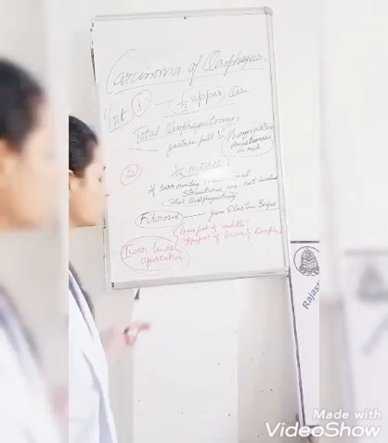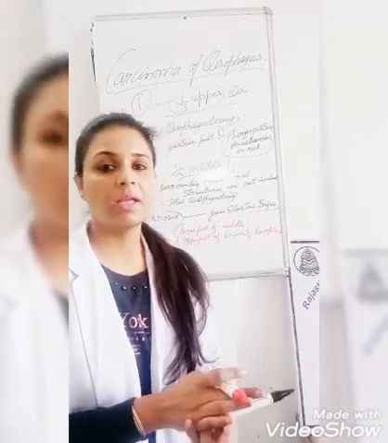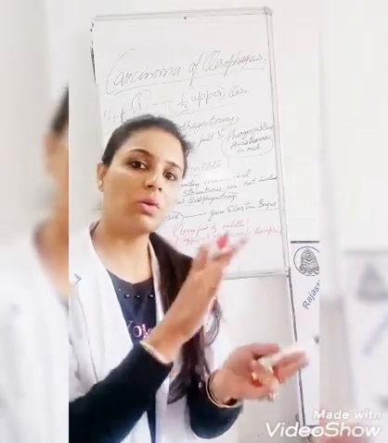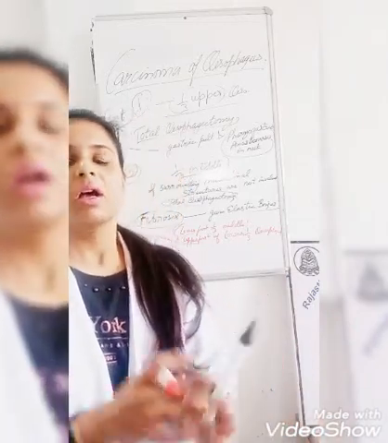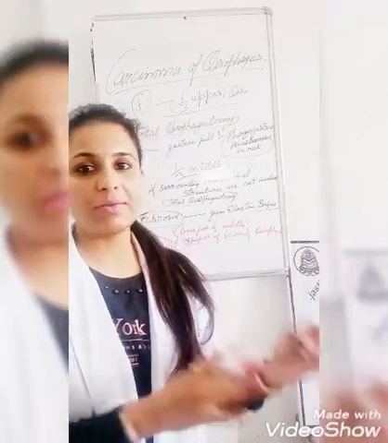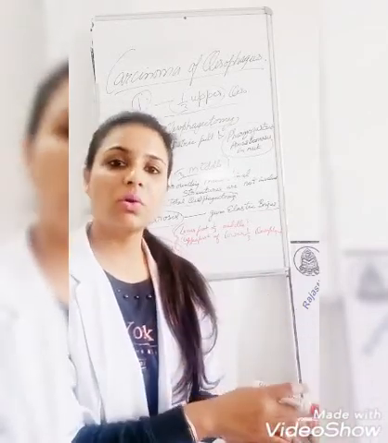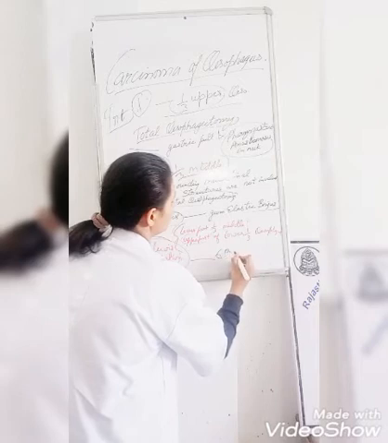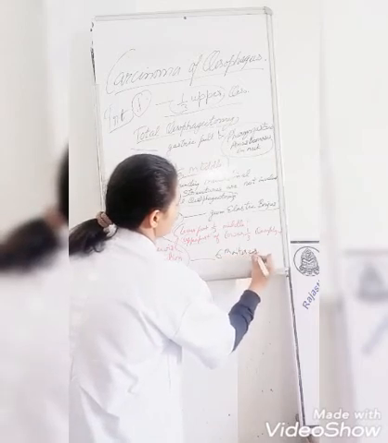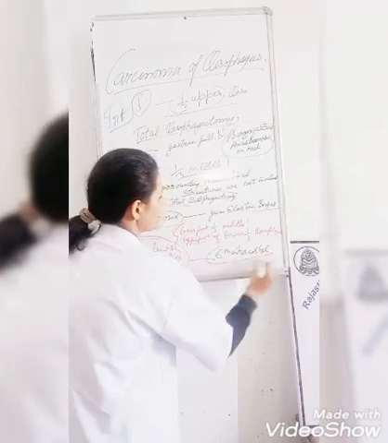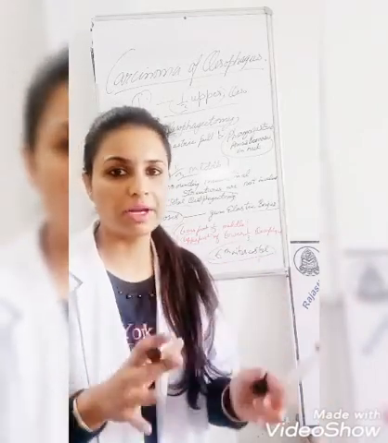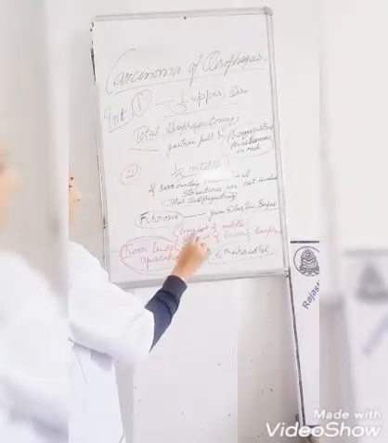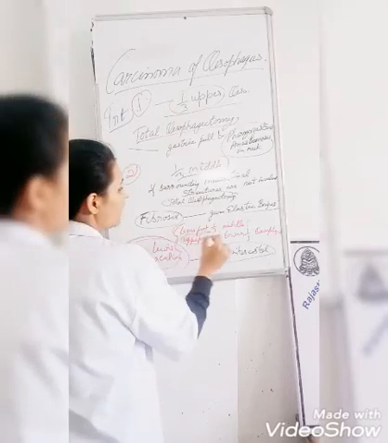So we will do what? We will cut the abdomen, and after cutting the abdomen, the stomach is mobilized, and then we will close the wound. Then we will keep the patient in left lateral position and go through the 6th intercostal space. So remember, through the 6th intercostal space, we will do the thoracotomy, and then we will remove the affected part, where cancer has occurred.